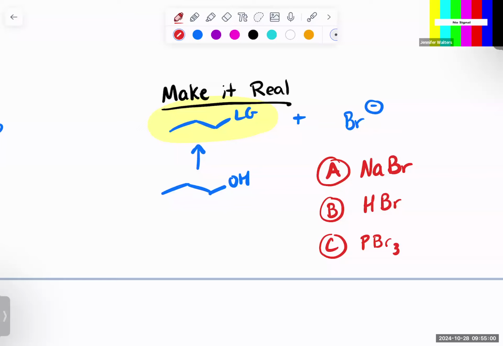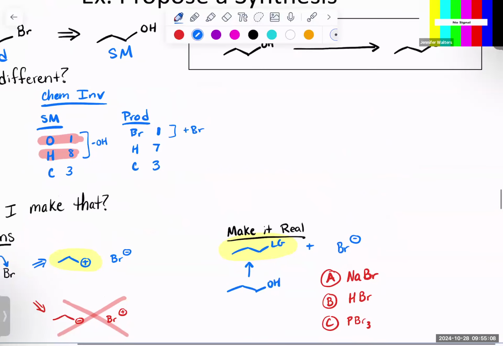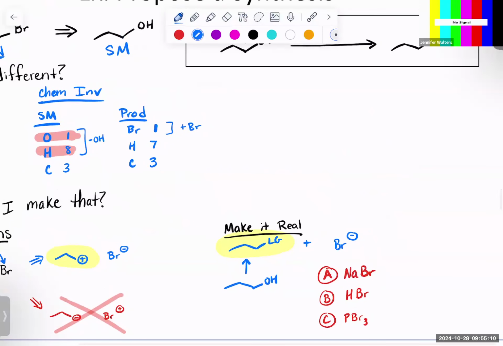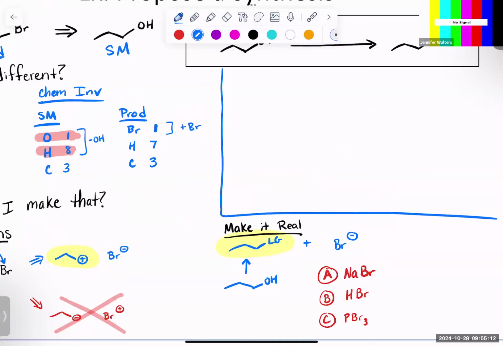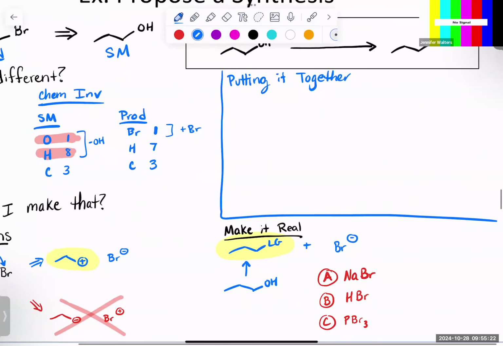So now we want to try to consider what are all the ways that I can make this real? How do I put this together? So let's actually take this space up here, because that's a different synthesis.